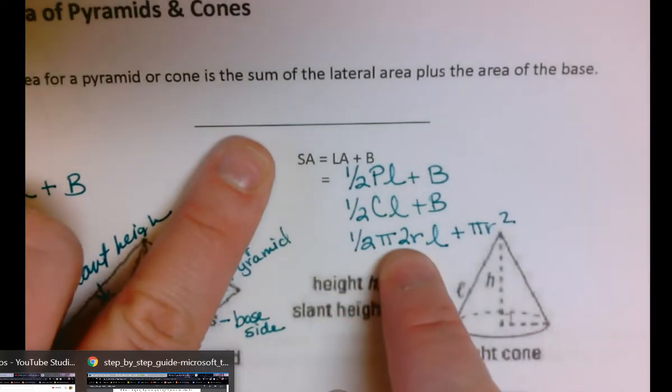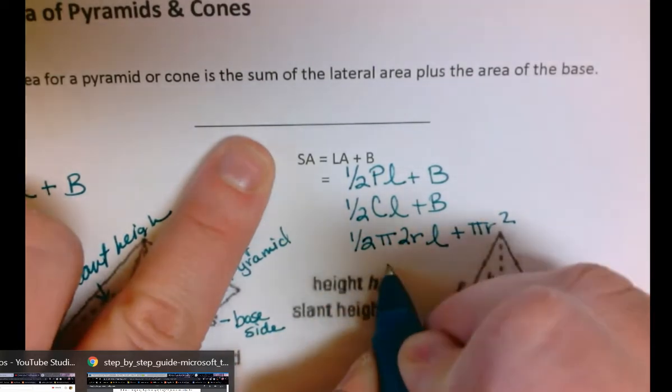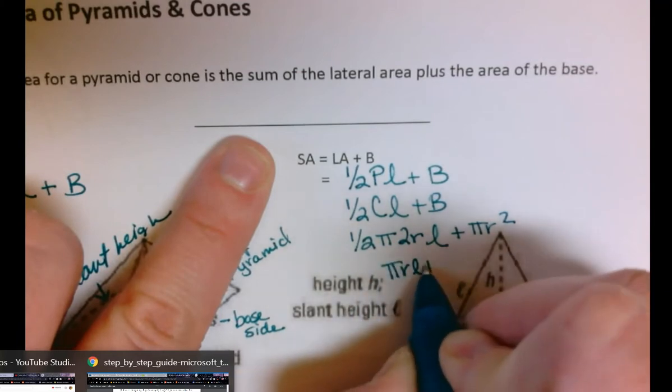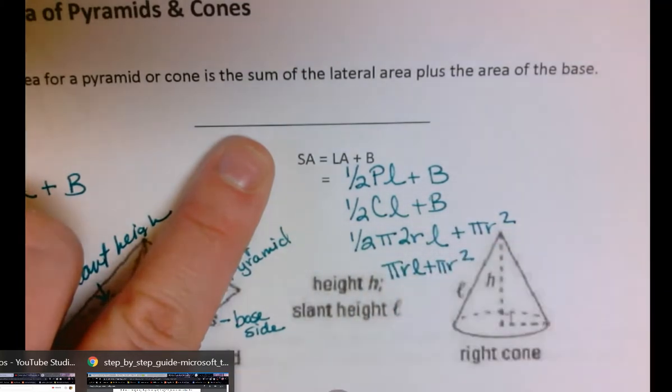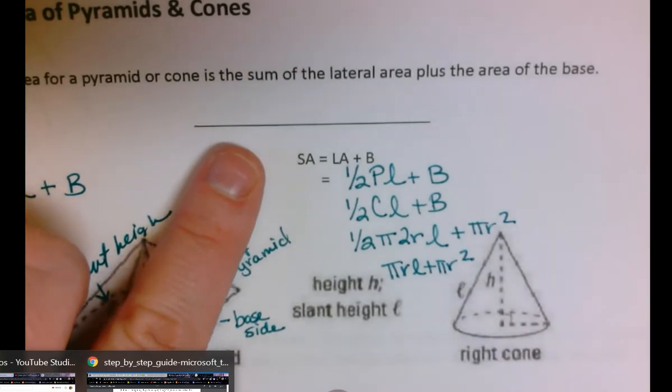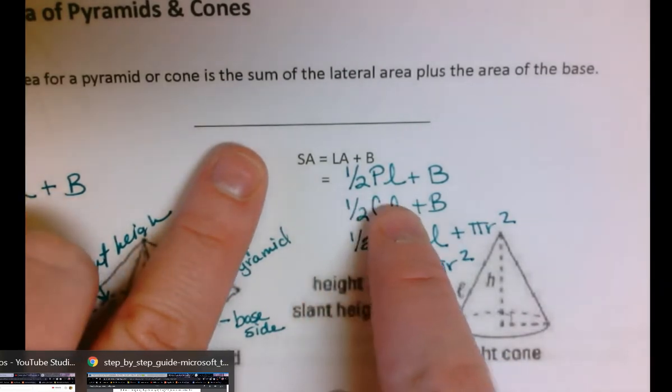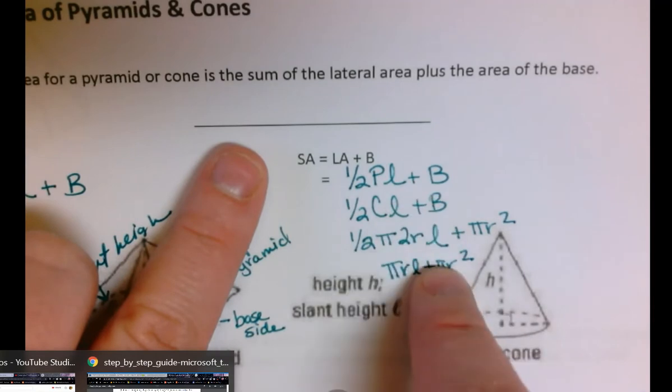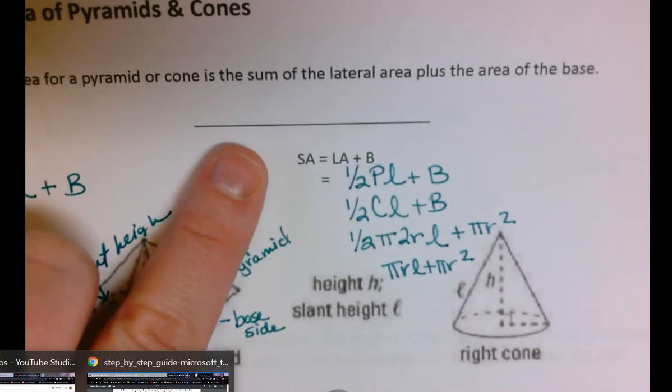But 1/2 times 2 leaves it as pi r L plus pi r squared. And that would be the surface area of a cone. I use 1/2 PL plus base because I just do this in my head, or I just remember it's pi r L.